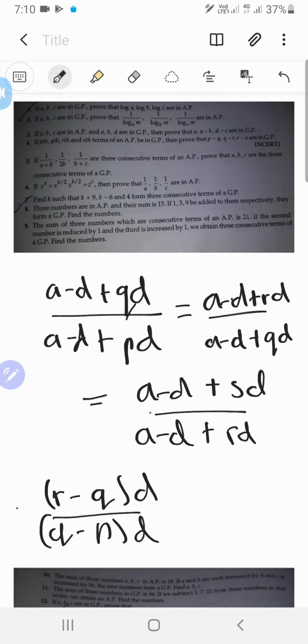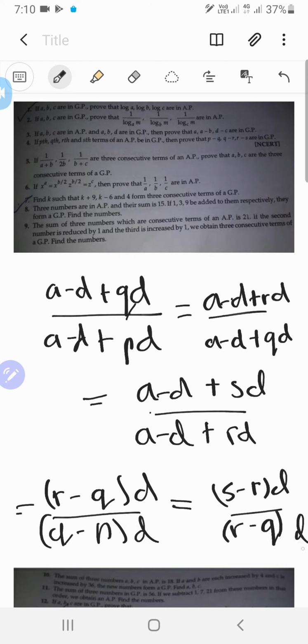That is the same ratio as these, and it's also going to be the ratio when we subtract these two from these two. So we get s minus r into d upon q minus r, I think. No, wait, r minus q, sorry. Okay, that is r minus q into d, and these cancel away.